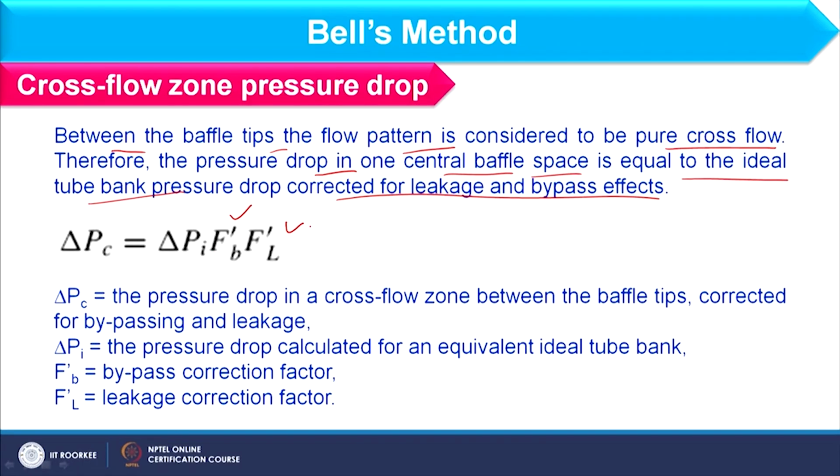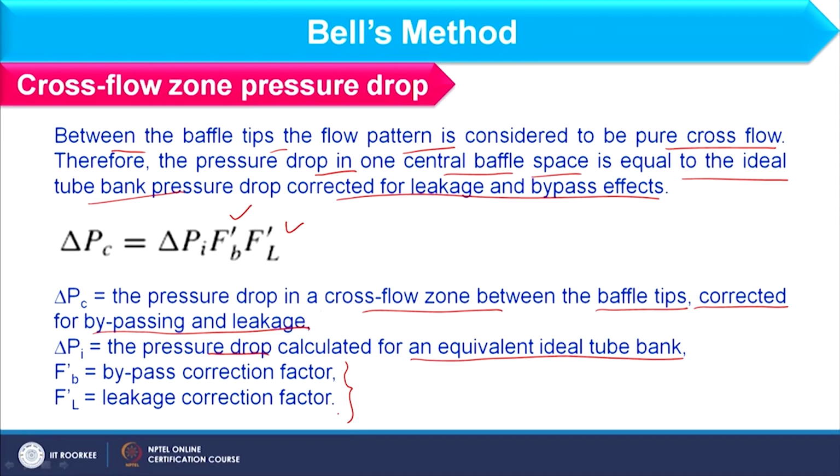Here we have used bypass correction factor and leakage correction factor and named them differently using prime, Fb prime and Fl prime. So, those are the bypass and leakage correction factors for pressure drop calculations. Delta Pc is the pressure drop in cross flow zone between baffle tips, which should be corrected by bypass and leakage. Delta Pi is the pressure drop calculated for an equivalent ideal tube bank, and Fb prime and Fl prime I have already discussed.